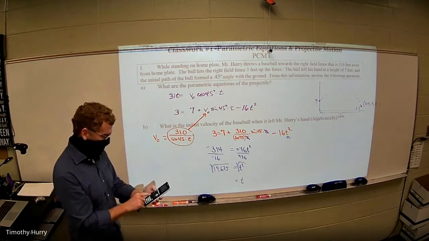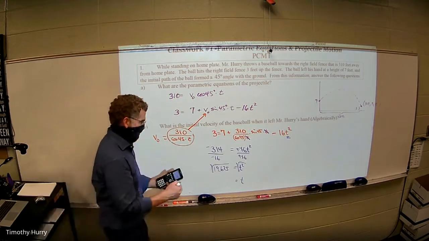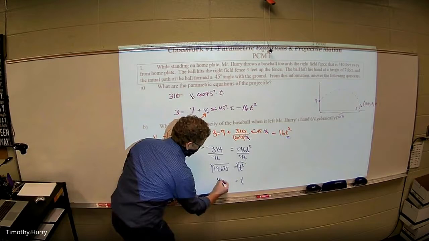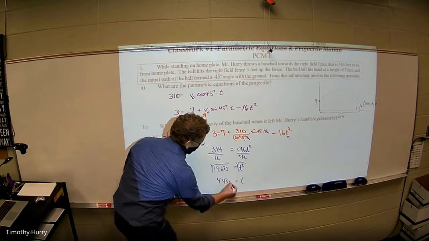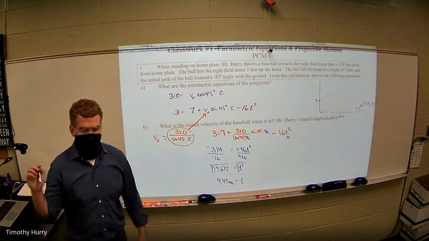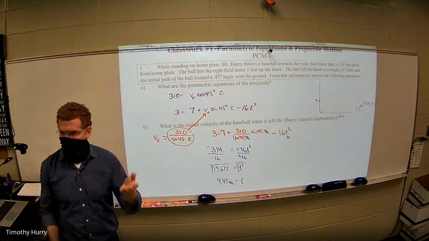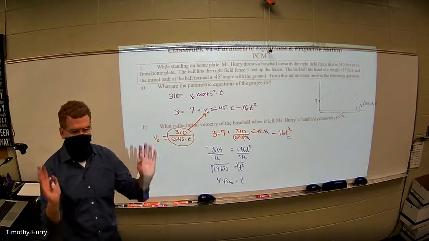So when I square root that 19.625, I get 4.43. So in 4.43 seconds, the ball has been thrown and it has hit the fence. And we're not calculating the time it takes to drop to the ground, whatever. I don't even know what that would be.